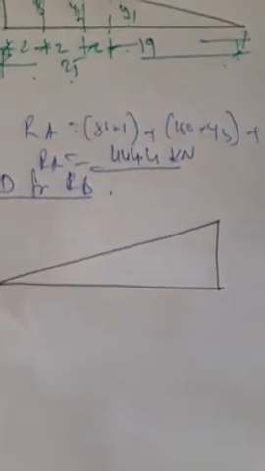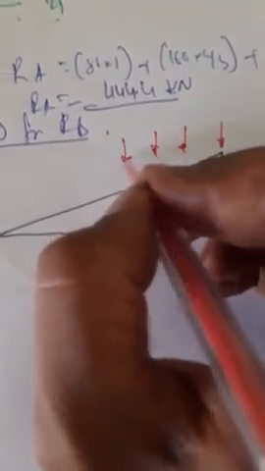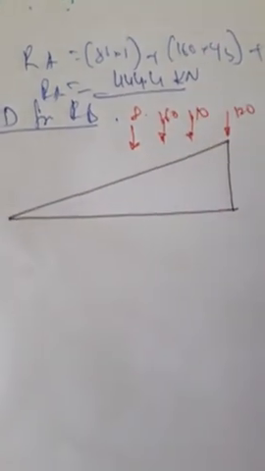So similarly, ILD for RB. Now place the loading system here. First, second, third, fourth. So 120, 150, 160, 80. Mark the ordinates.